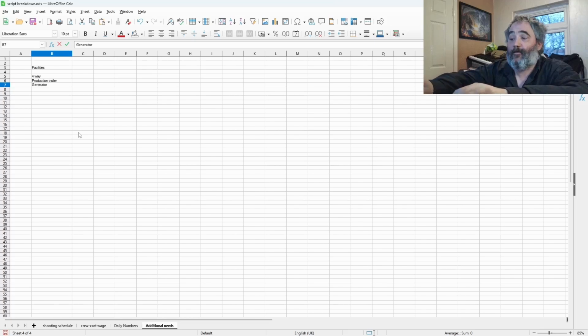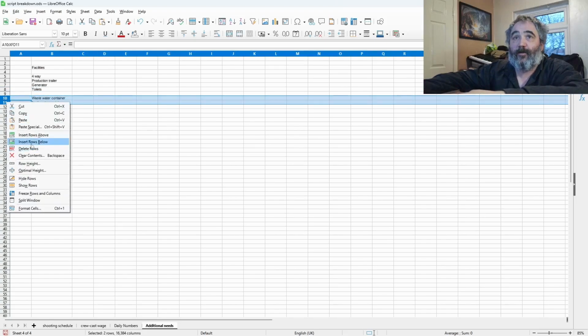We're going to need a generator. We're going to need, I've left some space here, wastewater container. We're going to need a freshwater container. We're going to need a fuel container. And we're going to need some toilets.